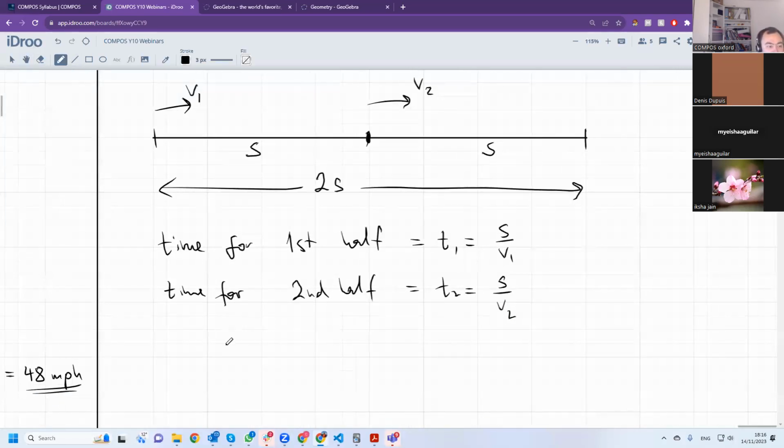Total time is S divided by V1 plus S divided by V2. Total distance is 2S.